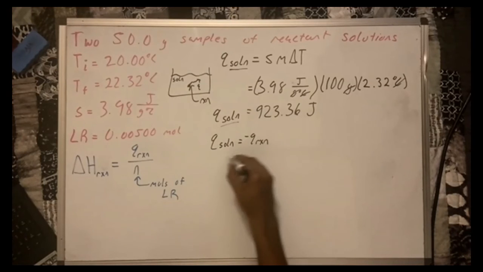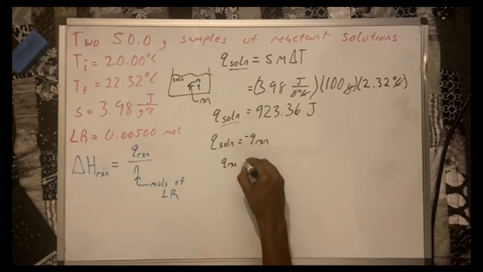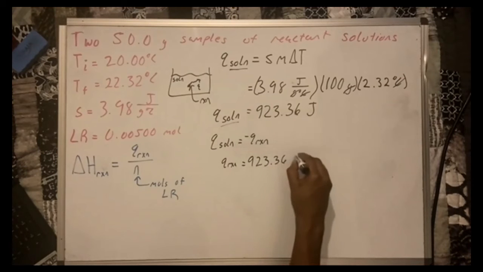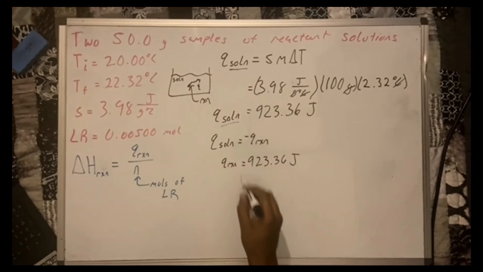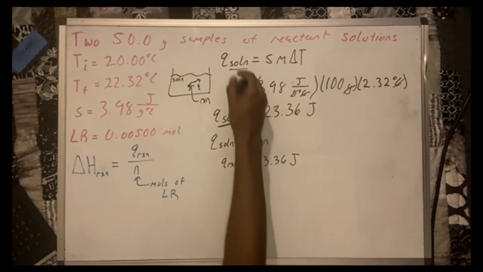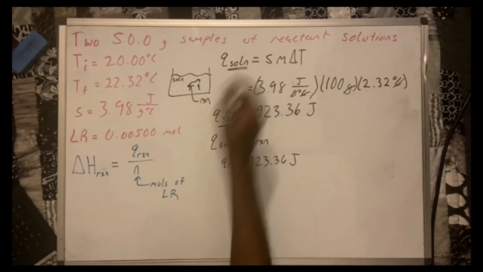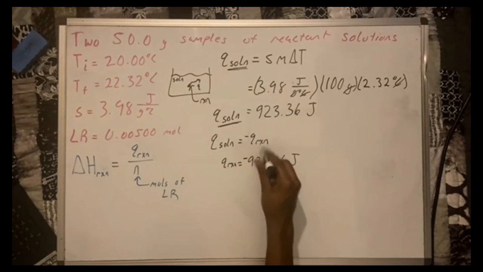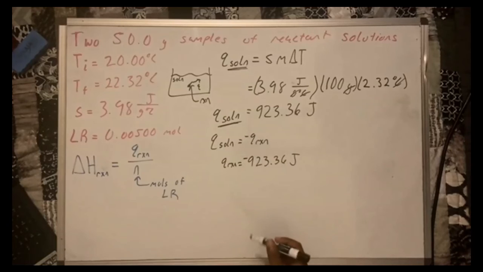So that means that Q of the reaction equals our 923.36 joules. Don't assume that this one is the Q of the reaction that we're solving for. Oh, forgot my negative sign. So it's negative that, I need a negative sign.